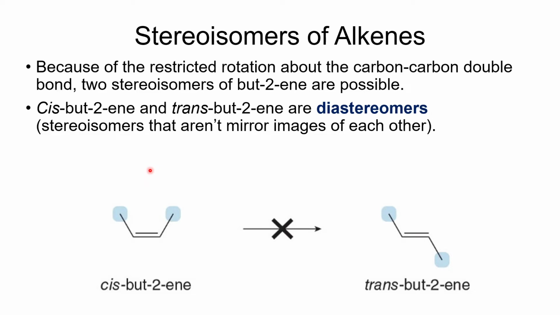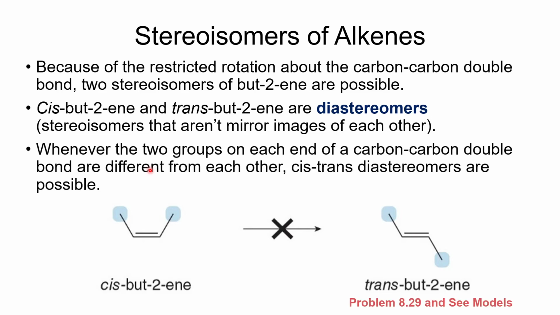Whenever the two groups on each end of the carbon double bond are different, then we can have cis-trans diastereomers possible. All right, so we've already looked at the models. We're now going to look at number 29 on the in-class assignment.